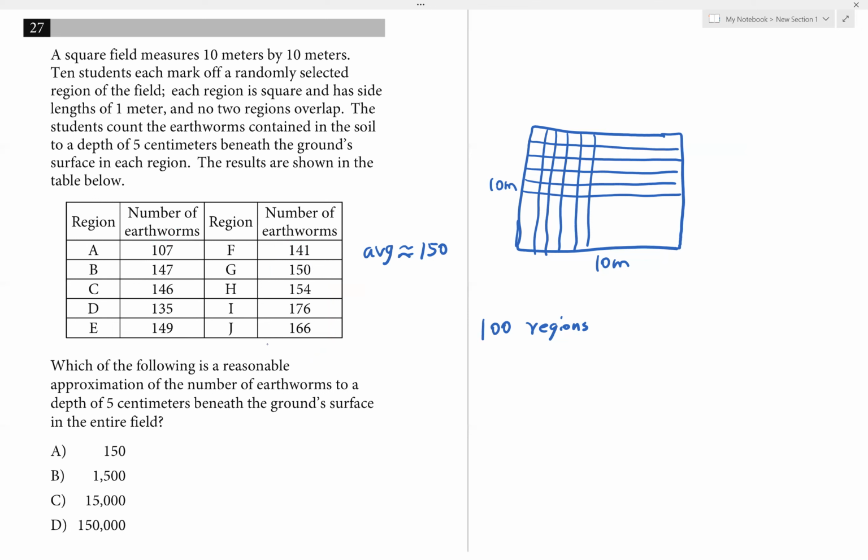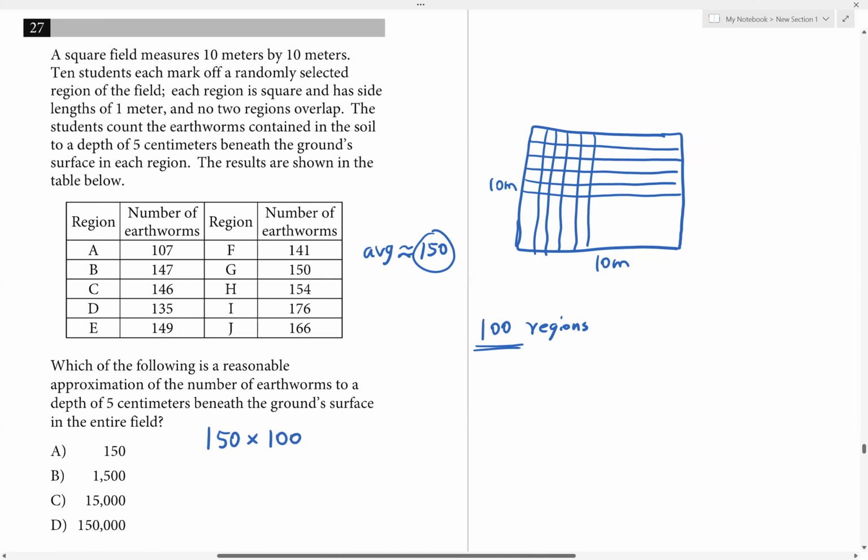Based on our own small sample here, we see the average for each region is about 150. But keep in mind that's just one region. So 150 is the average for each region. Since we have 100 regions, to get the total we have to multiply by 100.